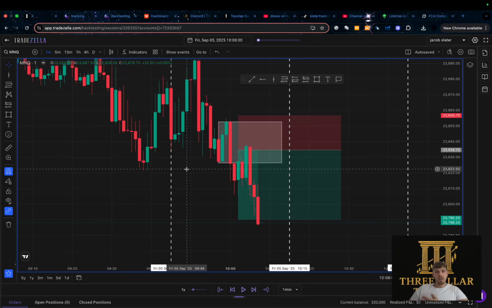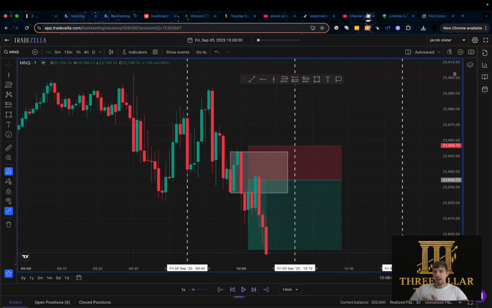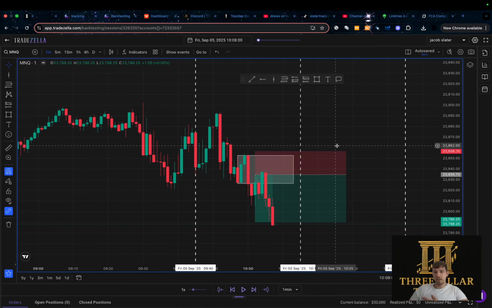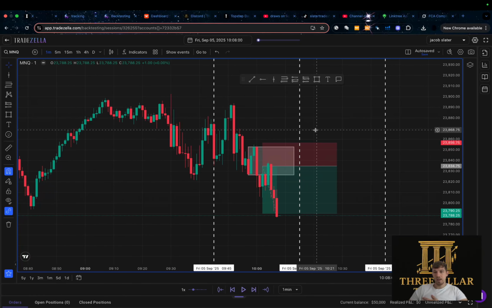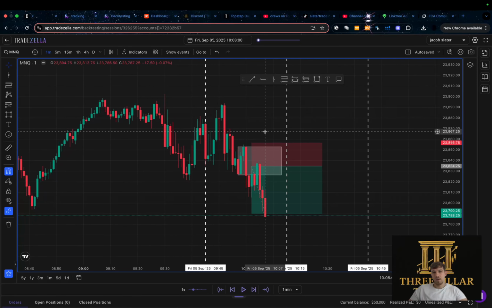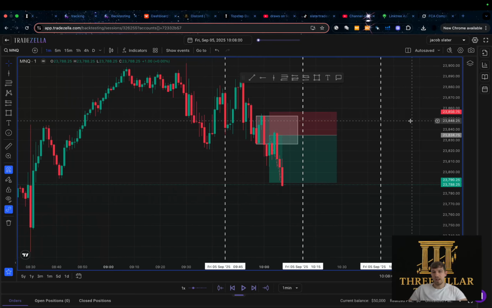Trading these macros just gives you a set time frame, and it's consistent with what you're doing. There's no waffle about when you should be trading or trying to force entry models at certain times that don't even make sense. It gives you a consistent time frame to trade, so you're not sat on the charts for absolute hours. It gives you an hour and 30 minutes to look for a valid setup.